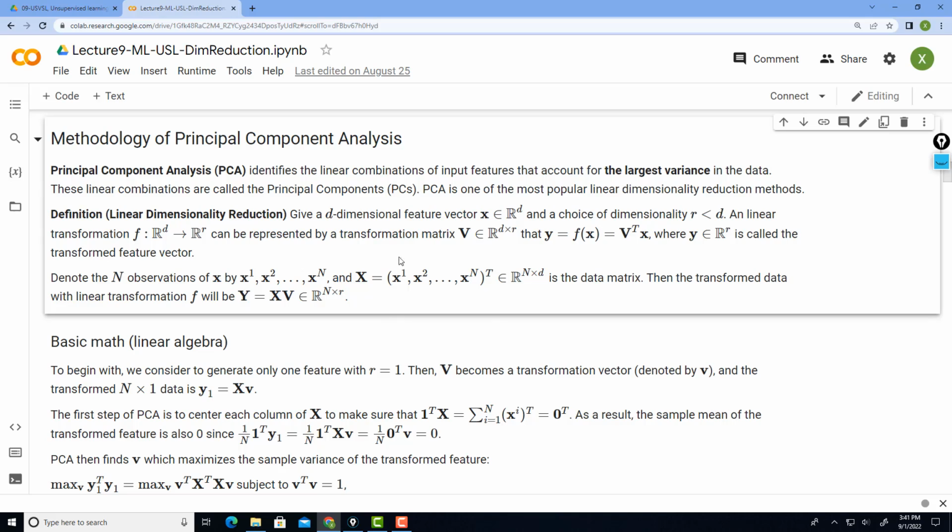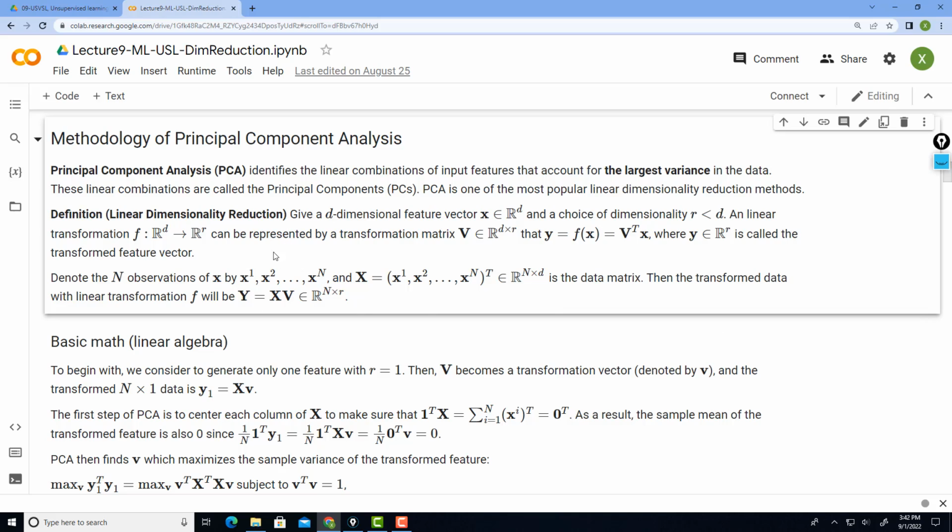If we write that out, the principal component scores for all those n observations, or n data points, is essentially just X times the transformation matrix V. If you look at the dimensions of the matrices, X is n times D, V is D times R, so X times V will be a matrix with the dimension n times R. So you get the R principal component scores for each corresponding observation.